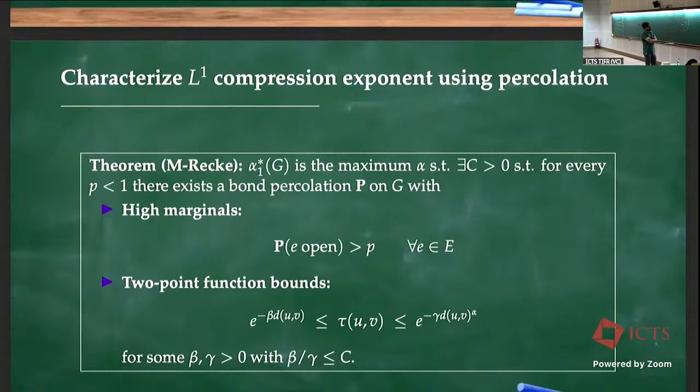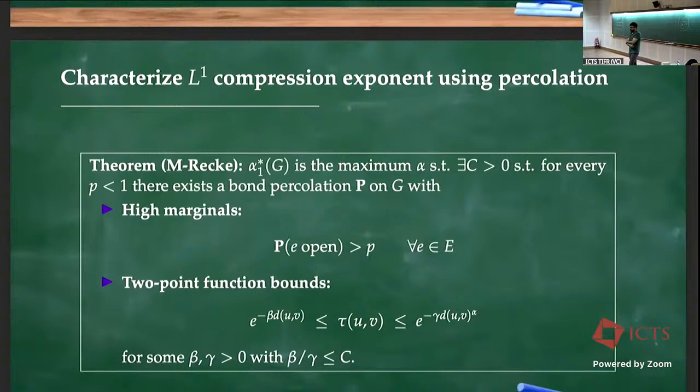The alpha 1 star, the compression exponent, is the maximum alpha such that there exists a bond percolation where, for every p as close to 1 as you want, you can have high marginals, but the 2-point function bound is the following.